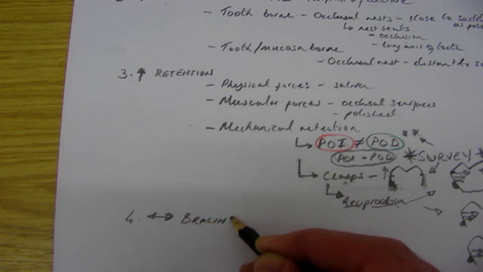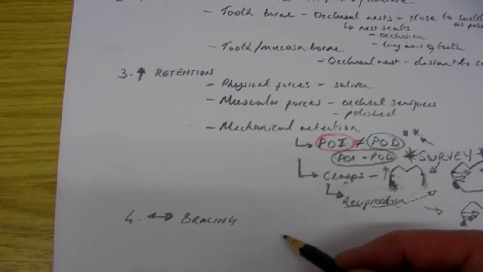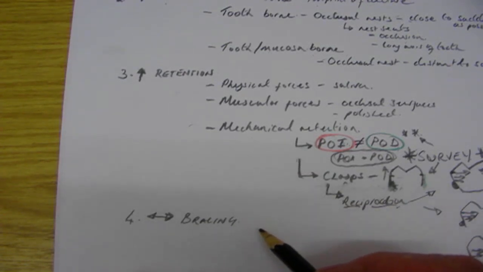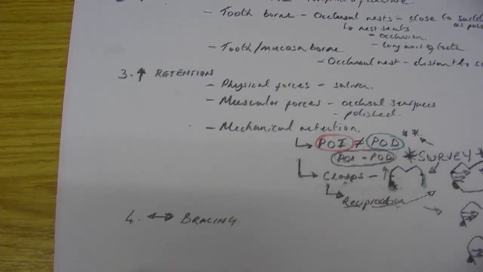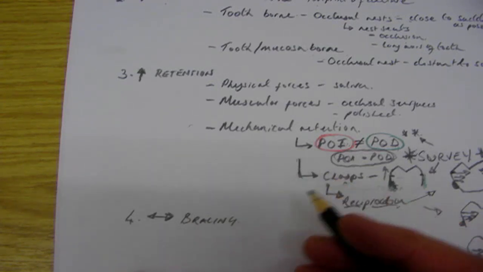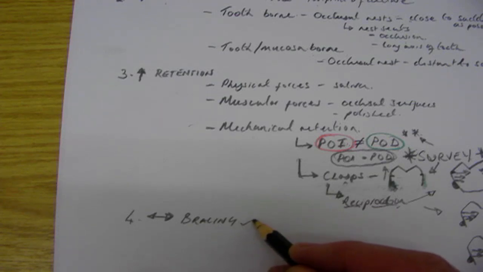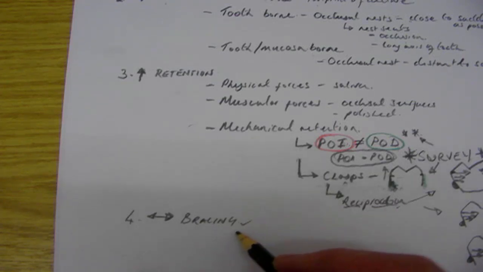And bracing for most dentures, particularly when they're purely tooth borne, tends to look after itself because the clasp arm sits above the survey line for the most part, and that stops the denture moving sideways, as do the vertical parts of the connectors and the occlusal rests and so on. So it tends to look after itself, but there are a couple of oddities.